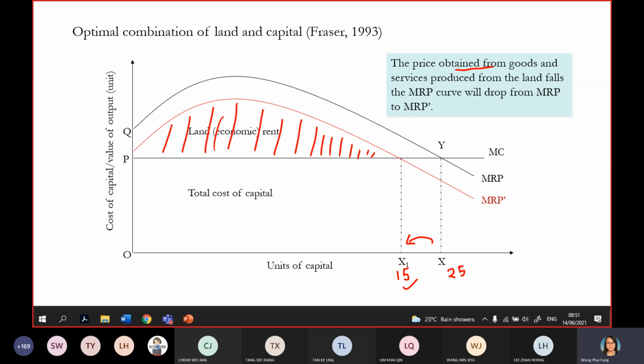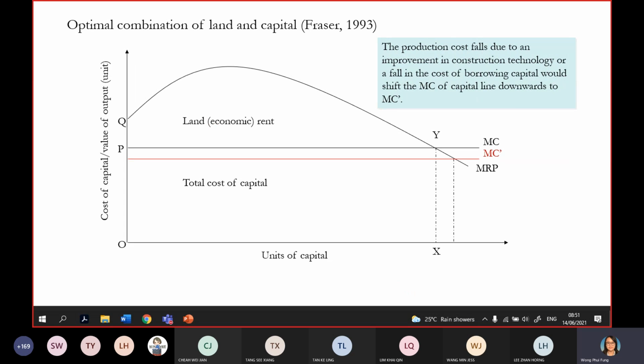Okay. Another scenario: if the production cost falls, meaning your MC falls. Can you see? Why will your cost fall? Due to improvement in construction technology. Meaning you use more advanced technology and more advanced machinery, then they can produce more things at the same time, more things in a shorter time.